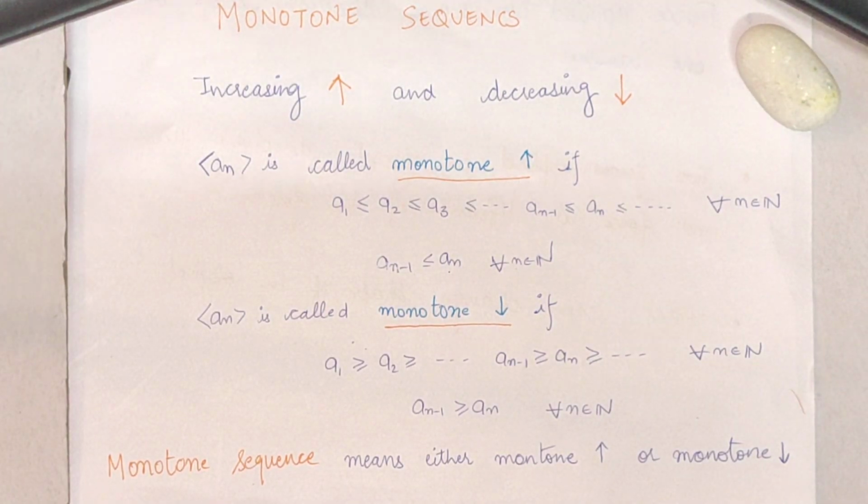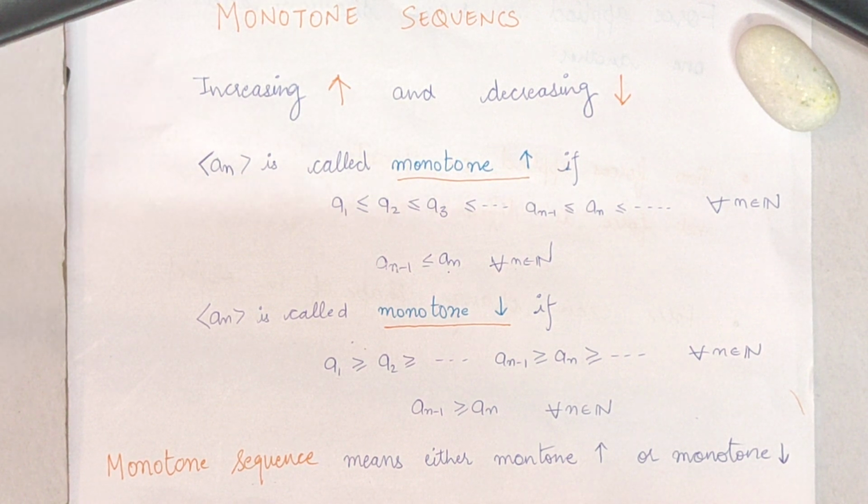So a monotone sequence means a sequence is either monotone increasing or monotone decreasing. So if anywhere it is mentioned that a_n is a monotone sequence, this means it is either monotonically increasing or monotonically decreasing.